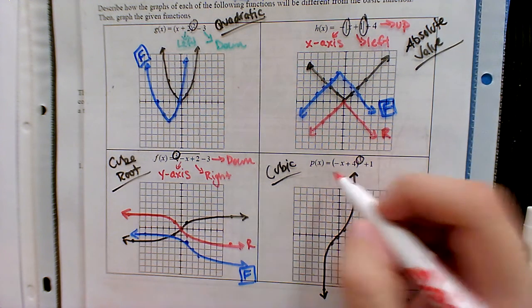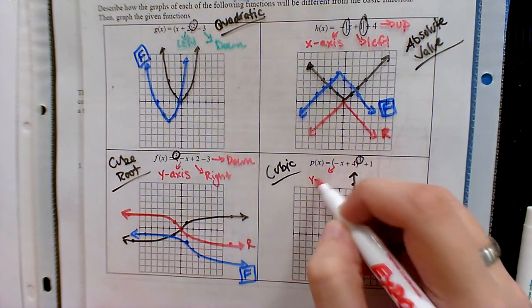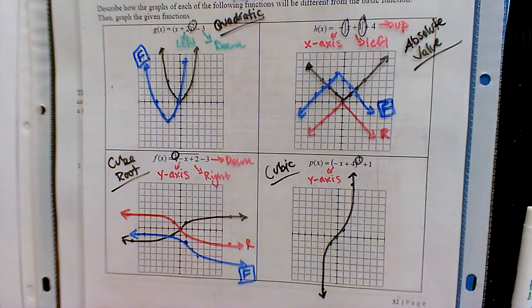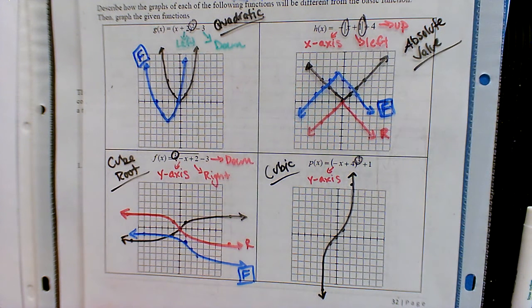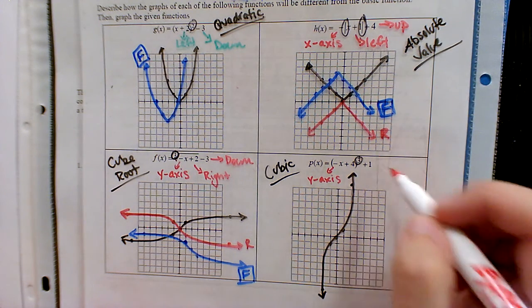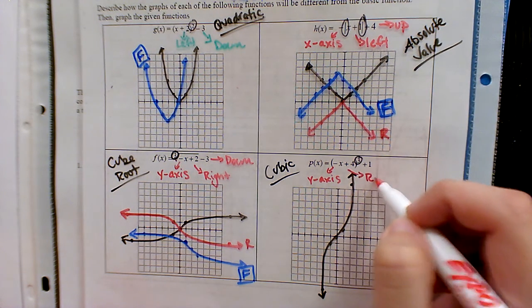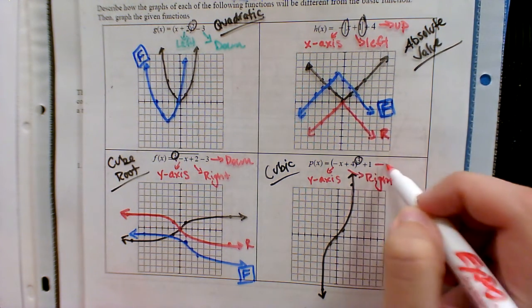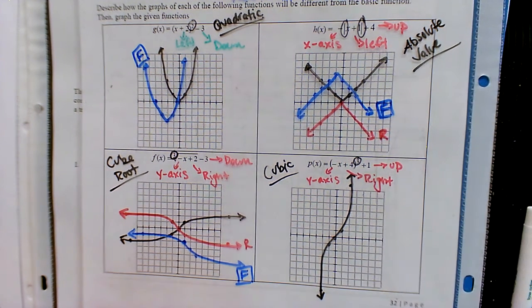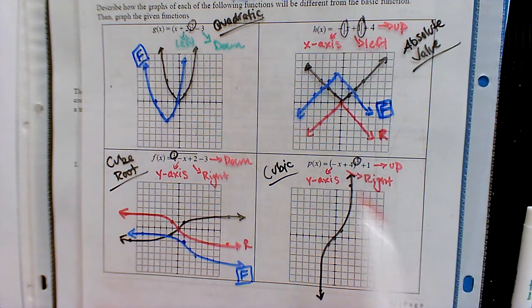Good, Rachel? Y-axis. Any other ones? Keep going, yeah? Right. There we go. Right 4 and then up 1. Okay, so RST, reflection.